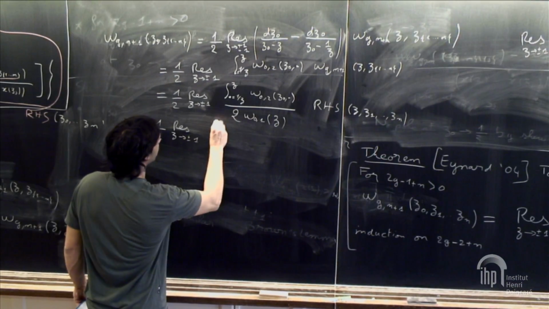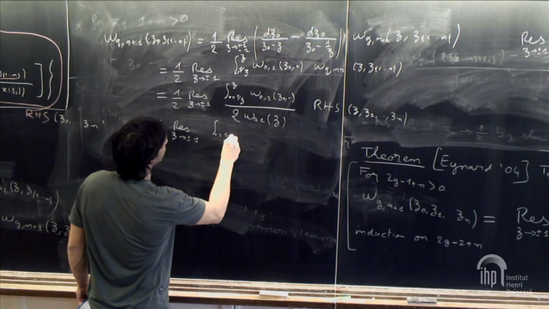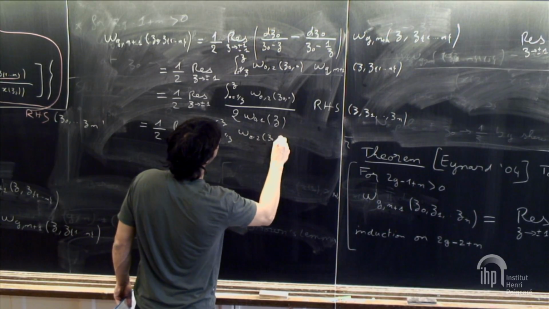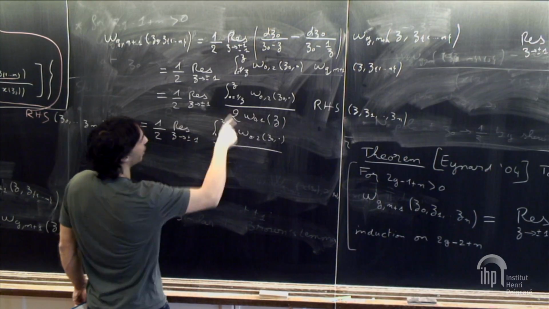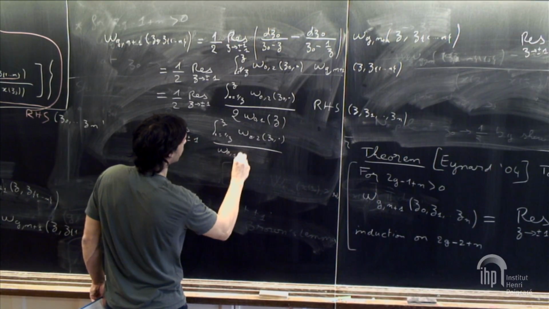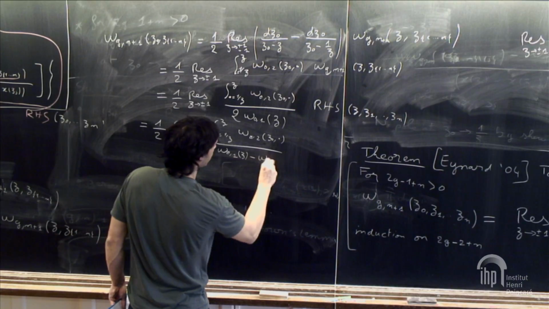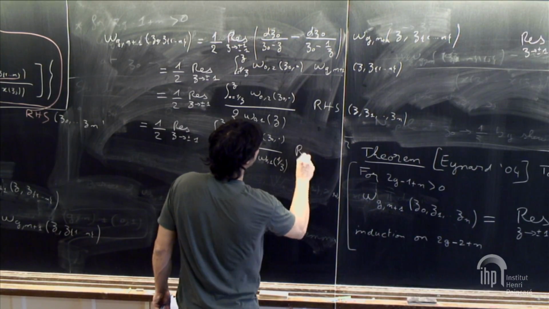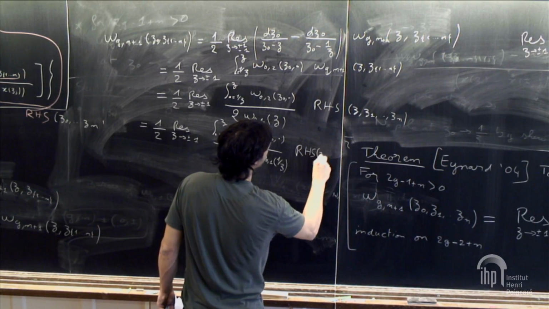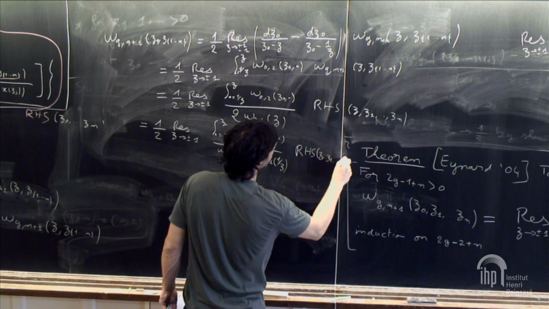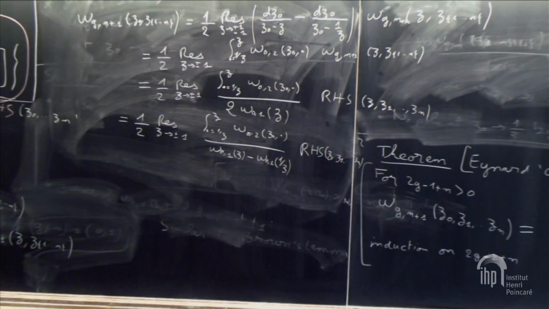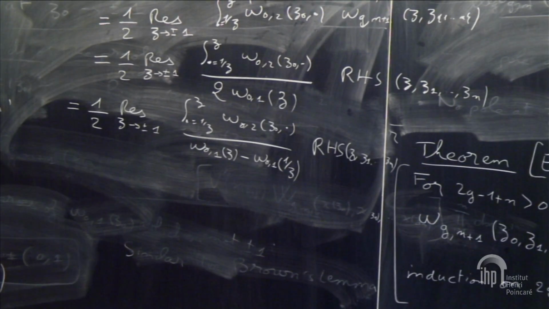So I would write it as omega 0, 2 of z0 dot, and here I replace it by omega 0, 1 of z minus omega 0, 1 of 1 over z, times the right-hand side of my loop equation. Okay? Now I'm really close to ending the proof.